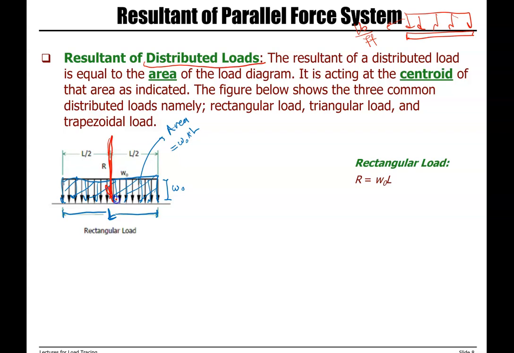So this is our resultant, which is equal to W0 times L, and it's at the center of the beam.